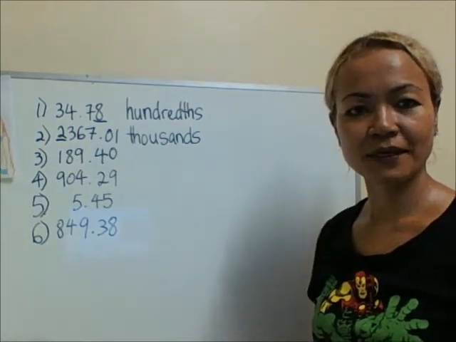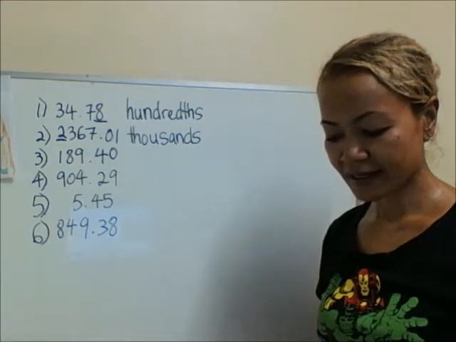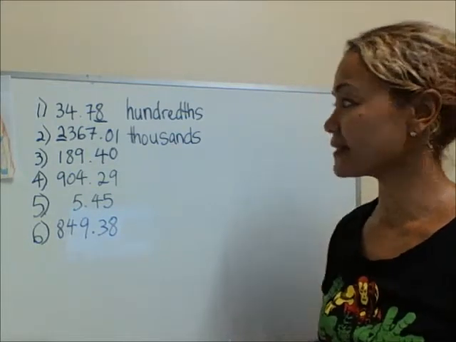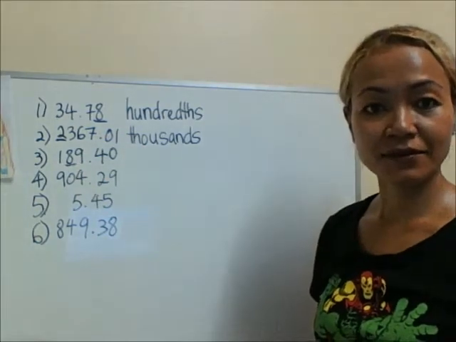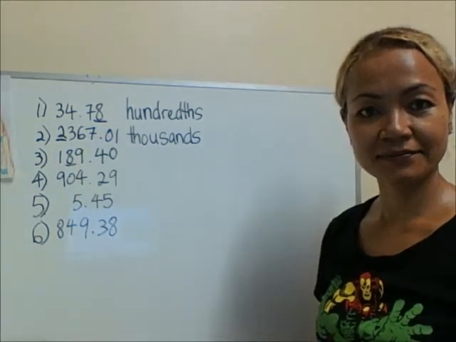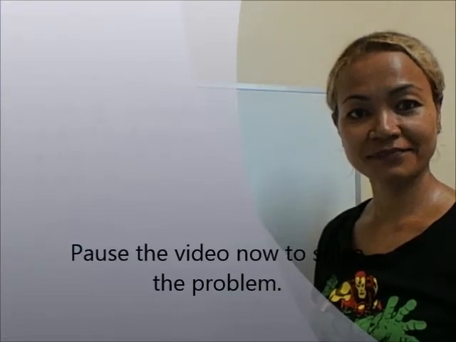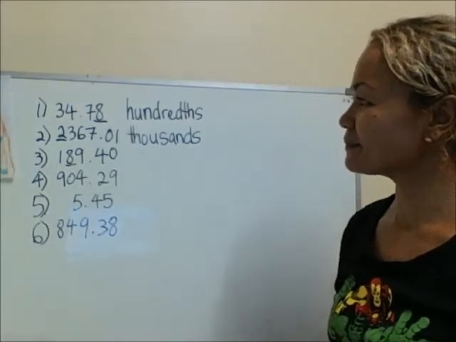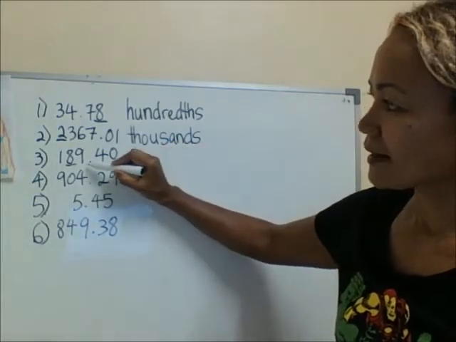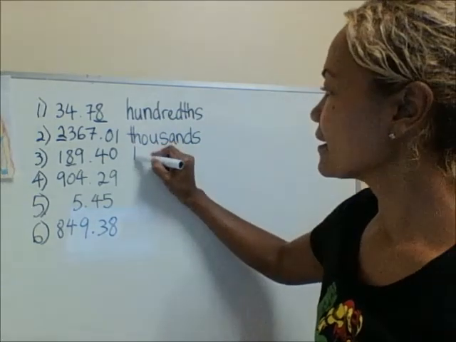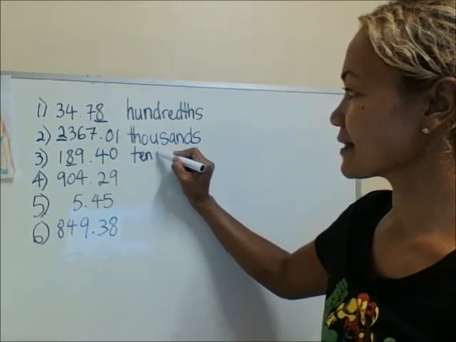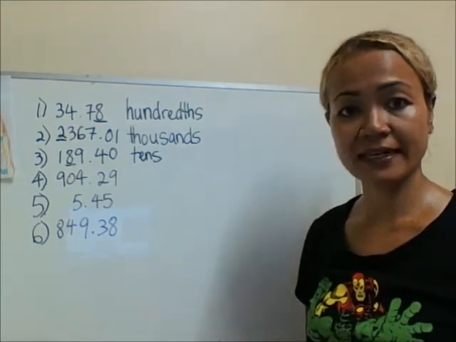Okay, the third one. The number they are underlining is the 8. I'll give you time to answer it now. Did you get it? Okay. This is the ones, that's the tens. So the answer is the tens column, or the tens place value.